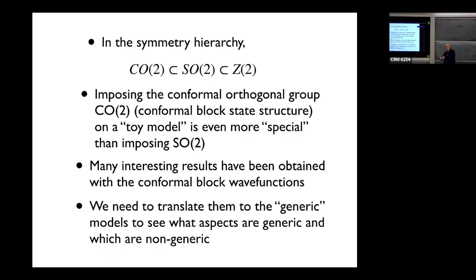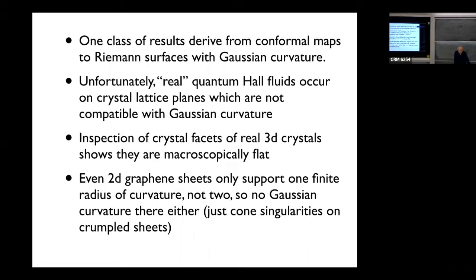You're going to realize that some of the stuff you found in these very special models with extra properties will conform to a generic scheme, but some stuff will be particularly special to the extra symmetries. And another class of very interesting results derives from conformal maps of these conformal block wave functions to map them onto Riemann surfaces with Gaussian curvature.